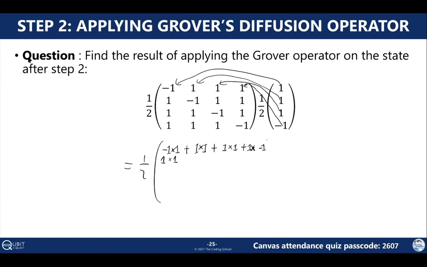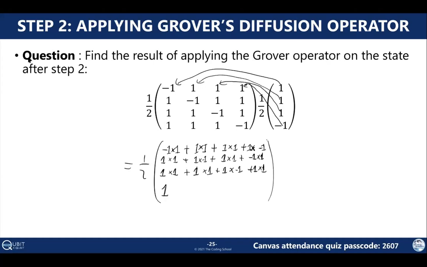Cool. This is 1 times 1, 1 times -1, plus 1 times 1, plus -1 times 1. I'm doing arbitrary directions. And the same thing for the fourth line. Times 1, plus 1 times -1, plus 1 times 1.